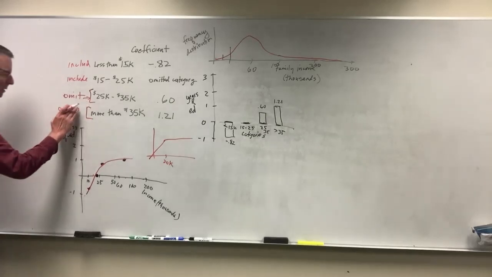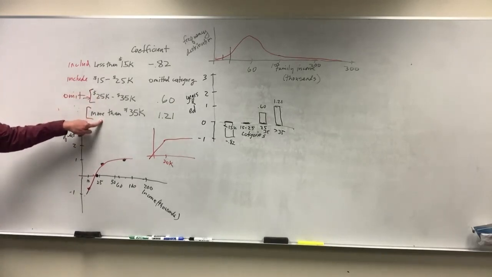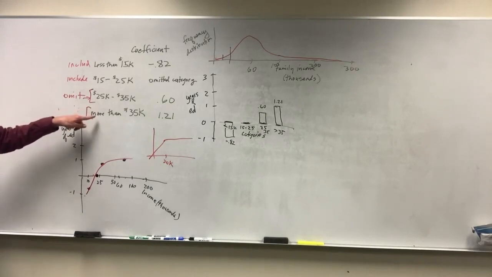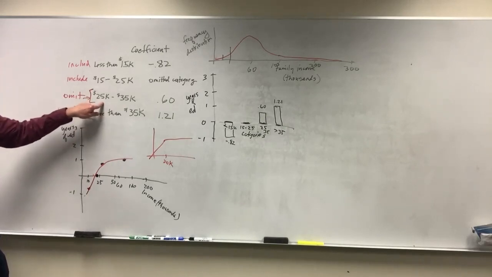Let's say we omit 25 to 35, and then we include the more than 35. What are we going to get for the coefficient on more than 35? We're going to get a number that represents the years of education difference between kids with incomes more than 35,000 relative to the omitted group, and the omitted group is 25 to 35.